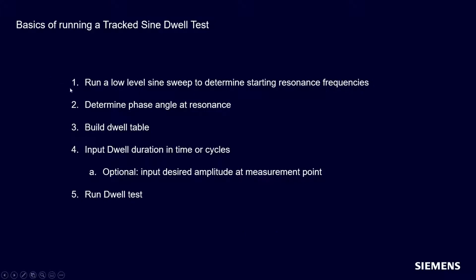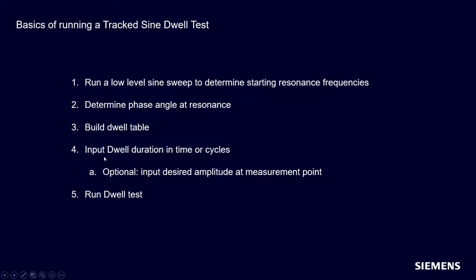So what we're going to do here is first we run a low-level sine sweep to identify the resonances. We use the information from that sine sweep. We calculate a frequency response function and determine what the phase angle is at resonance. Then we build a dwell table, because a complex structure or part could have multiple resonances across our frequency range of interest.